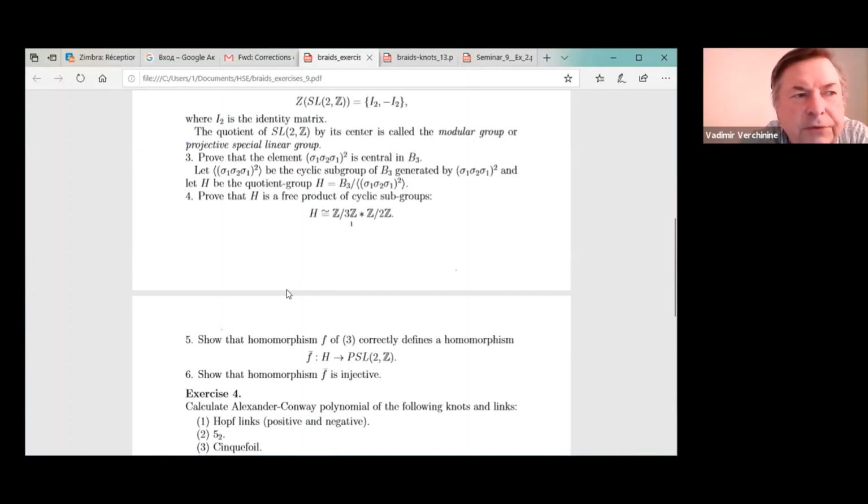When we were considering the free group, we made the solution of the word problem, and the solution of the word problem for the free group was the following: we put each element of the free group in canonical form.